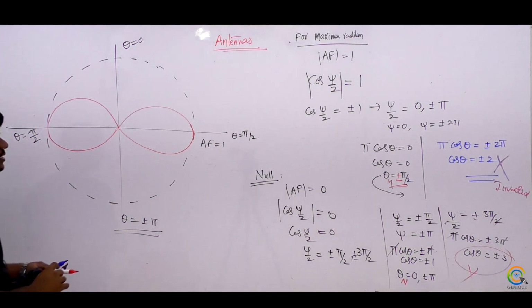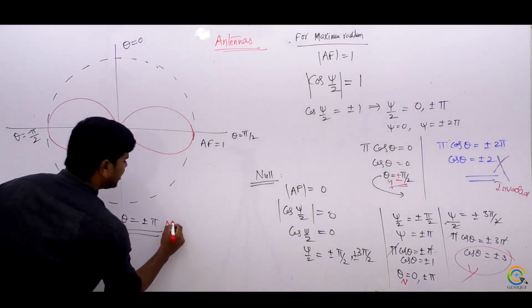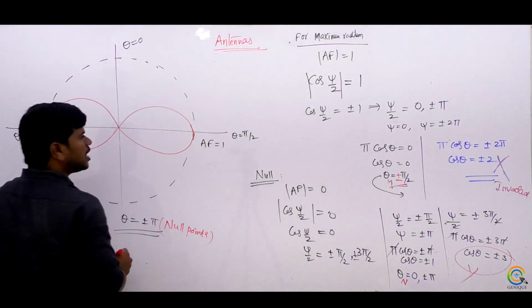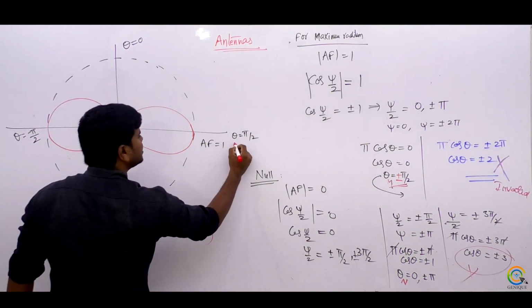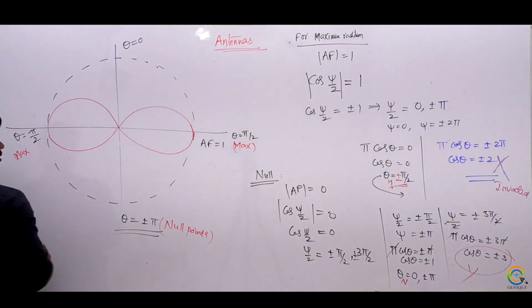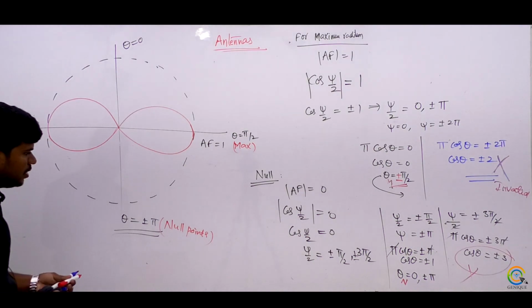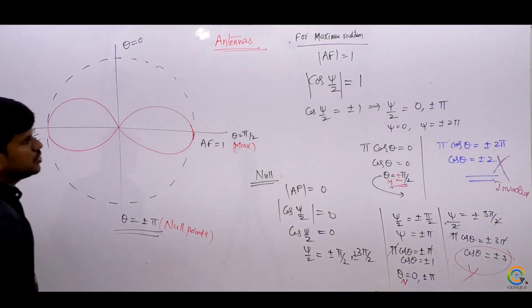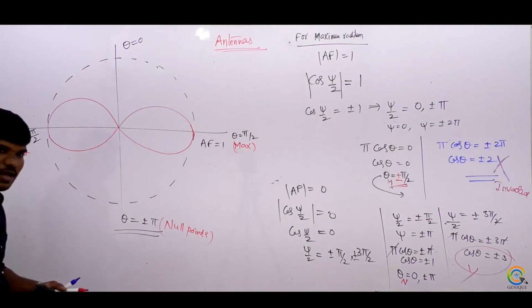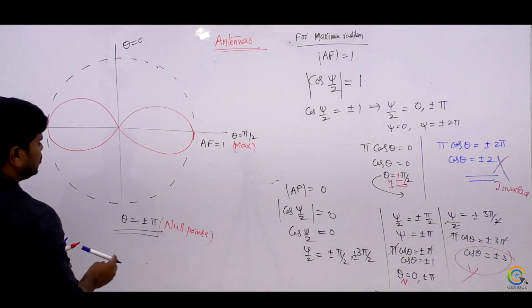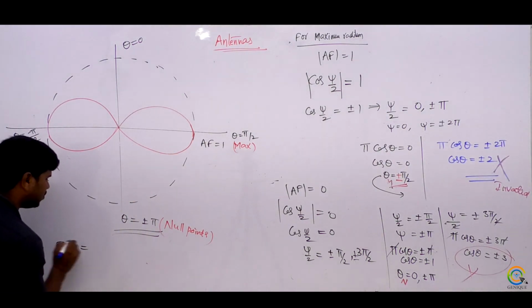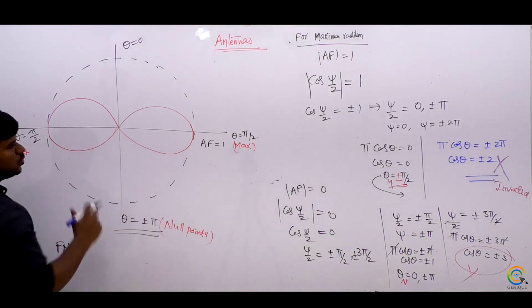So these are called the null points. These are called the maximum points. So here these are the null points. Now from here we will define the first null beam width. First null beam width is equal to the difference between the two null points.